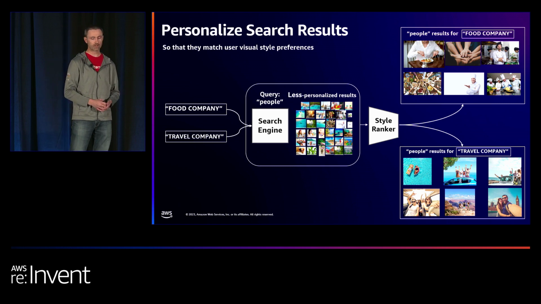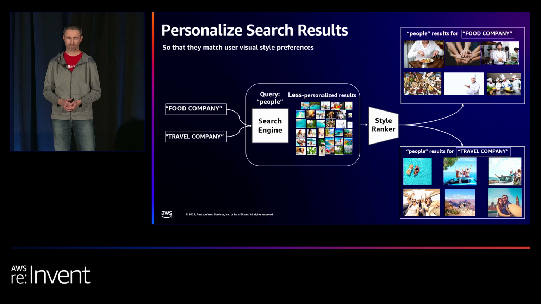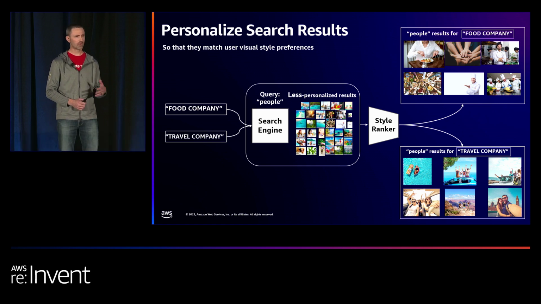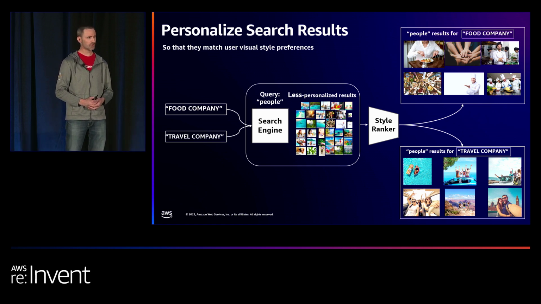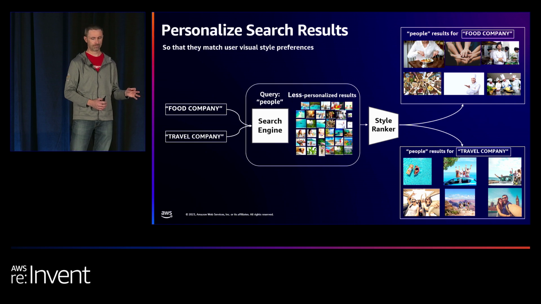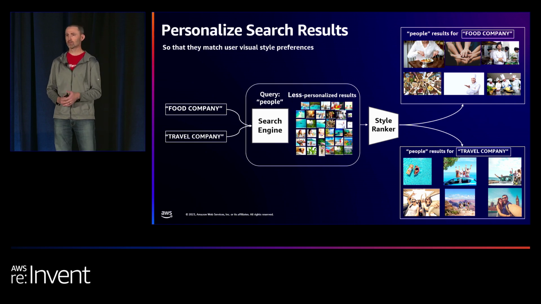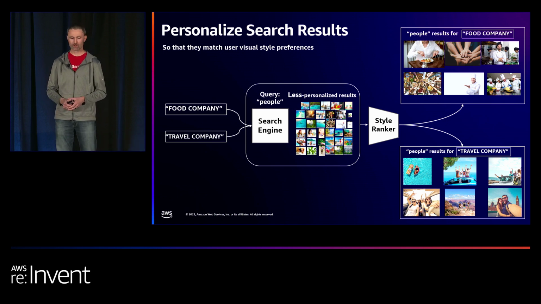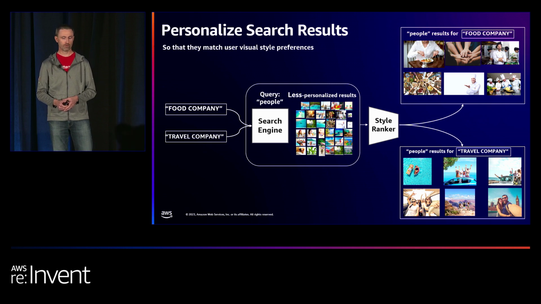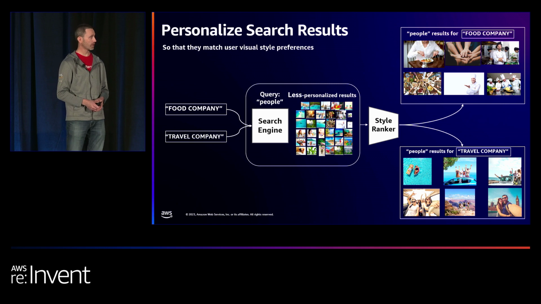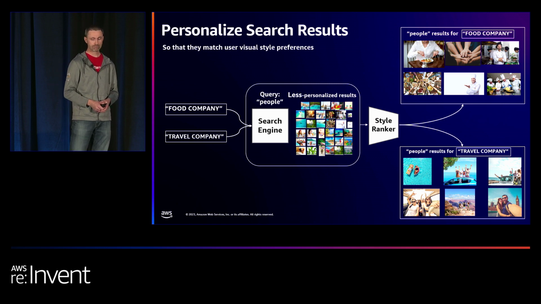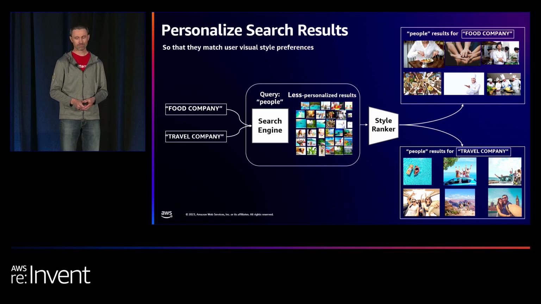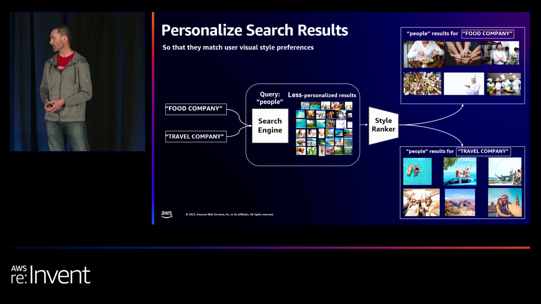Previously, users might have gotten less personalized results from the search engine. They might be personalized towards their country or other variables, but not specifically for them. StyleRanker re-ranks those search results so that users get the content that fits their style preferences. For instance, when searching for people images, the food industry user would get these stocky close-up images with homogeneous backgrounds related to the food industry, while a user in the travel company will get more casual wide-angle shots.